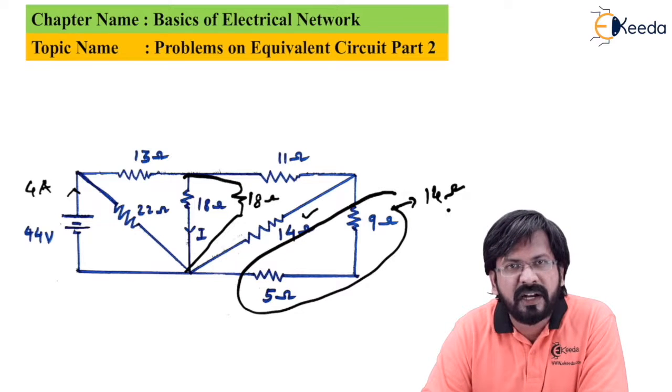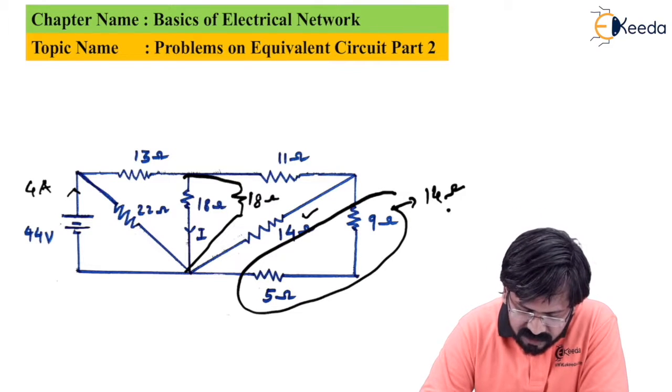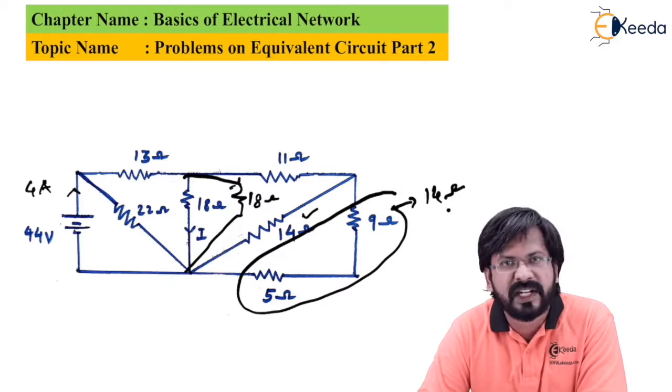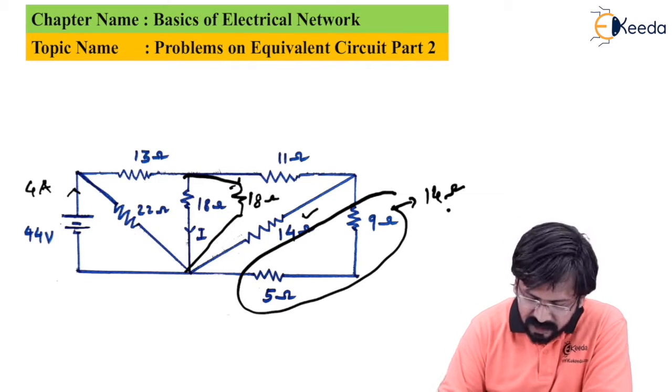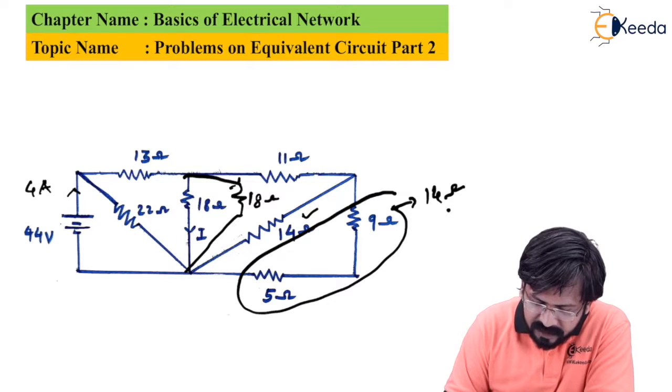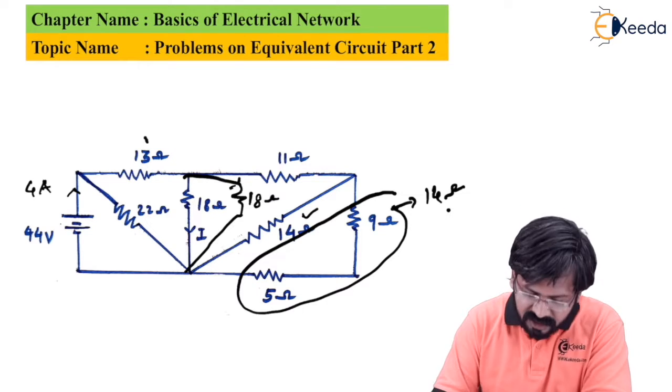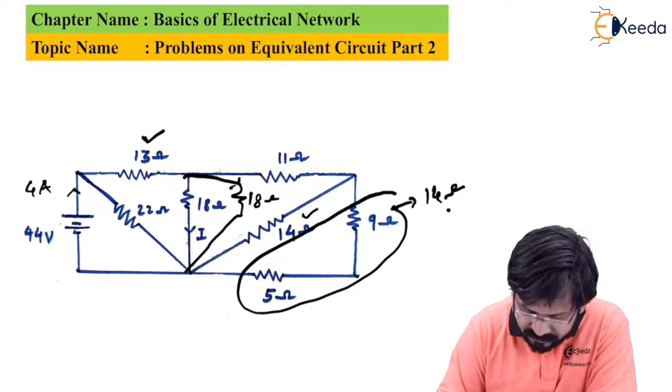Now whatever current flows through this 18 ohms, the same current is bound to flow through this 18 ohms also. Further, if I try to reduce the circuit, what do I get? 18 parallel with 18, it will be 9. With this 13 ohms becomes 22 ohms.